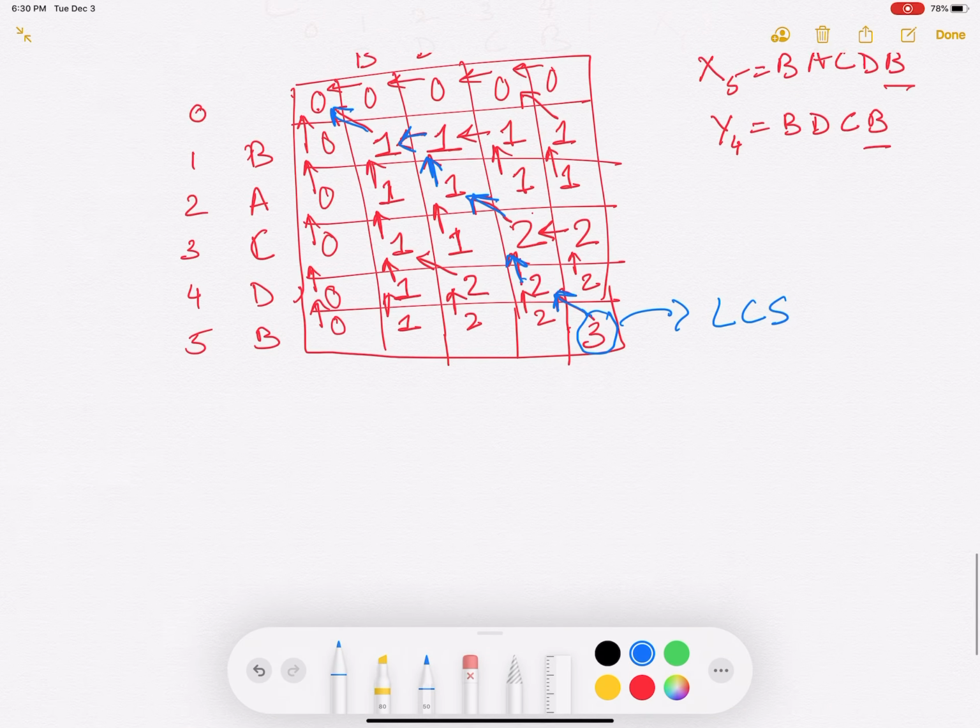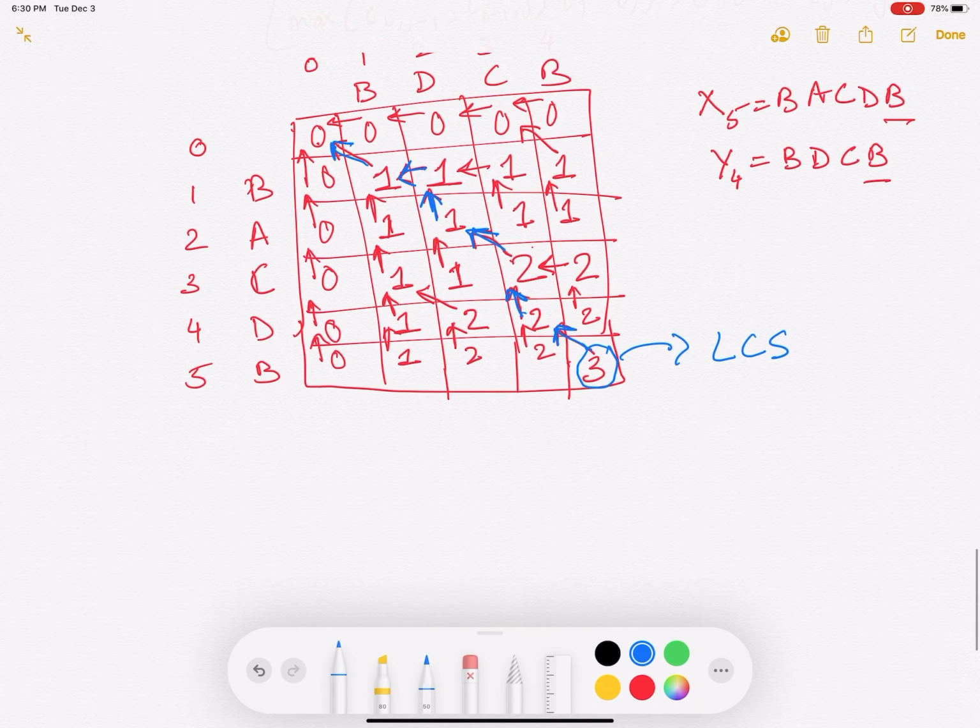In this table, when we move in this direction here, so B, you just take B. Now you move up, so you are not taking anything. Again, you move in this direction, so you take C. Here you're moving up, you don't do anything. Here you're moving horizontally. Either if you move vertically or horizontally, you're not going to do anything to that character. Again, you move diagonally, you include your B.